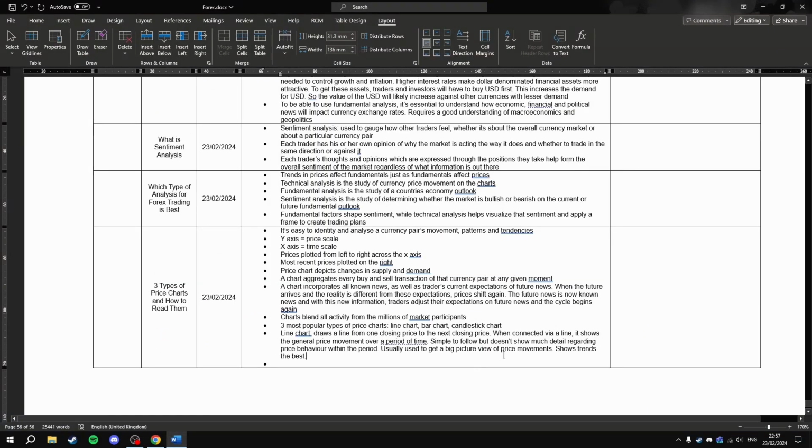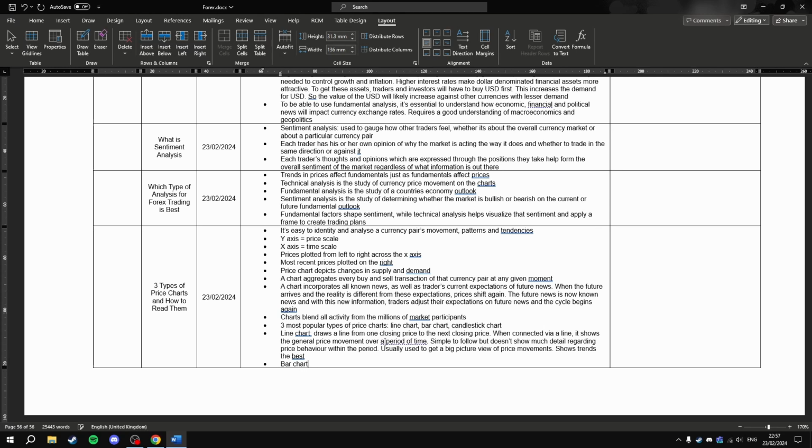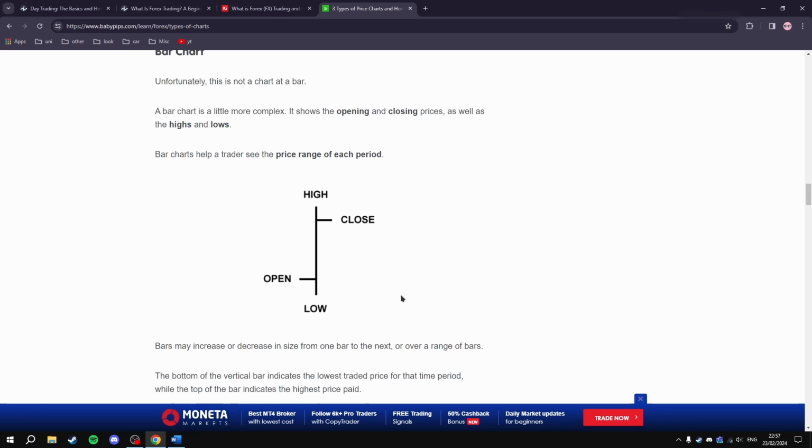Bar charts. A bar chart is a little more complex.